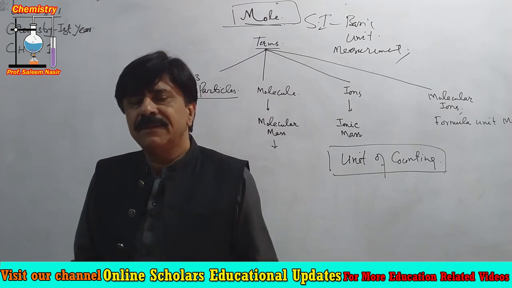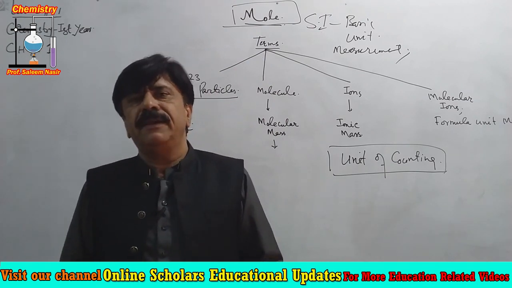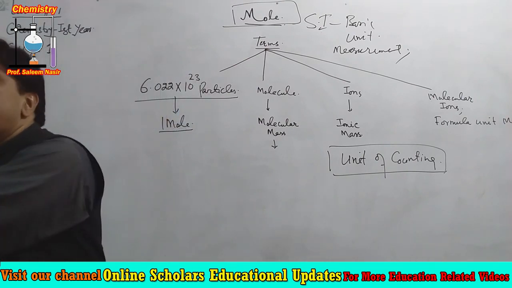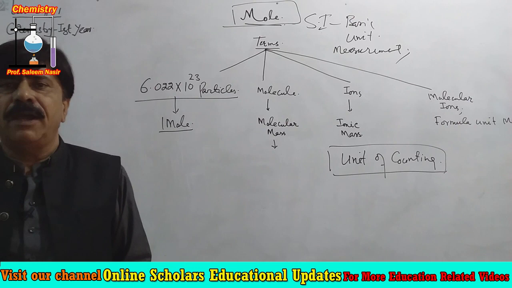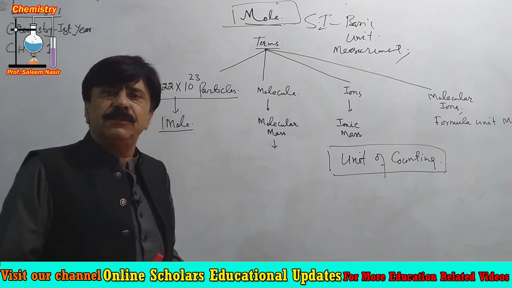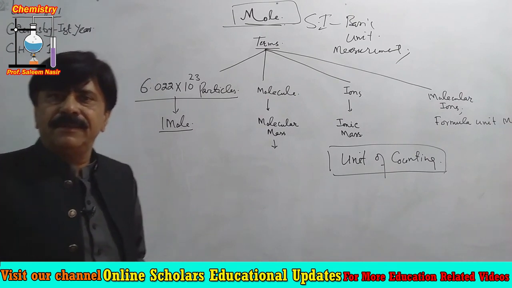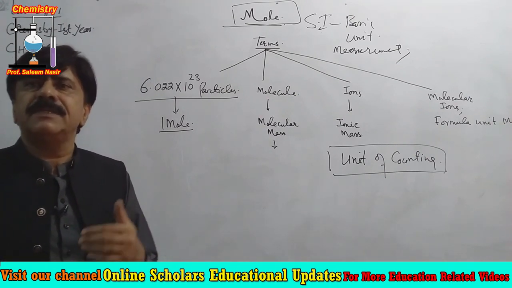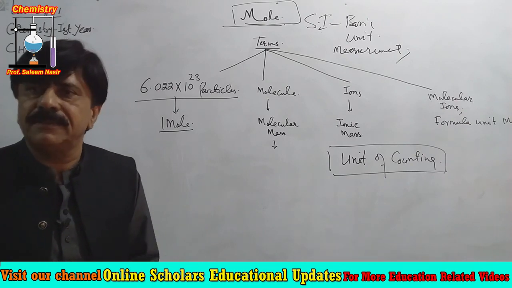Students, we can now easily define the mole, which was the secret unit of the chemist. Now you have understood why that unit was the secret unit for the chemist.